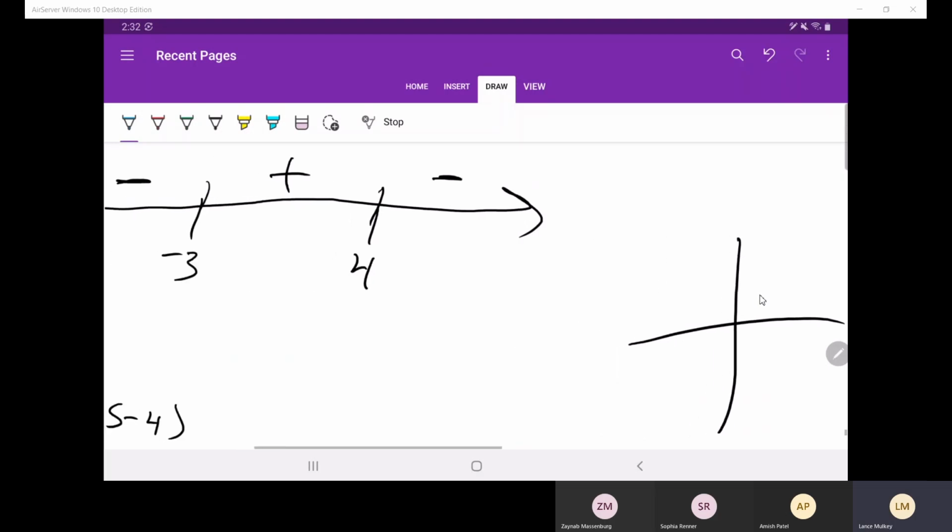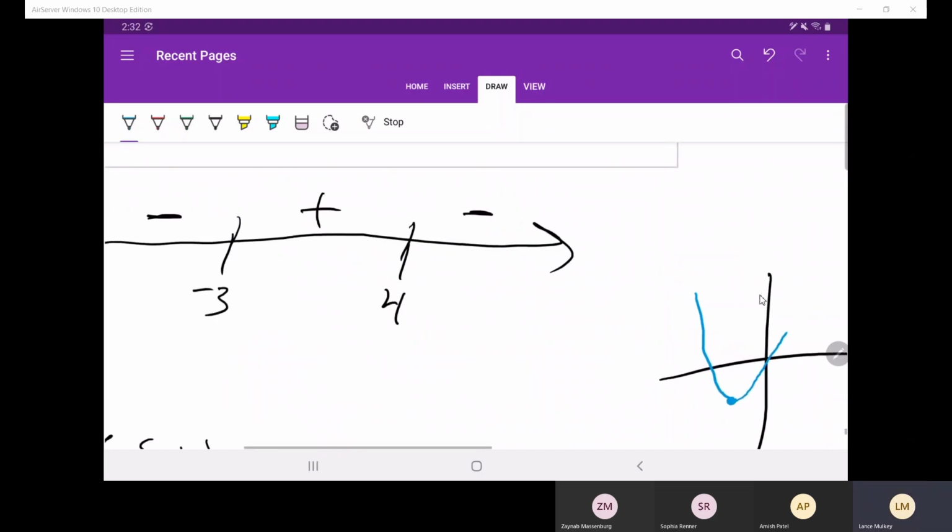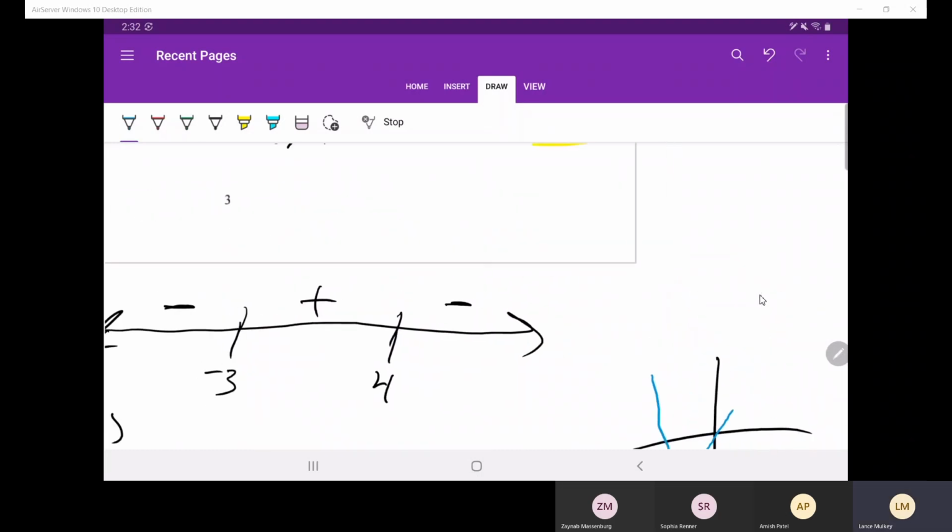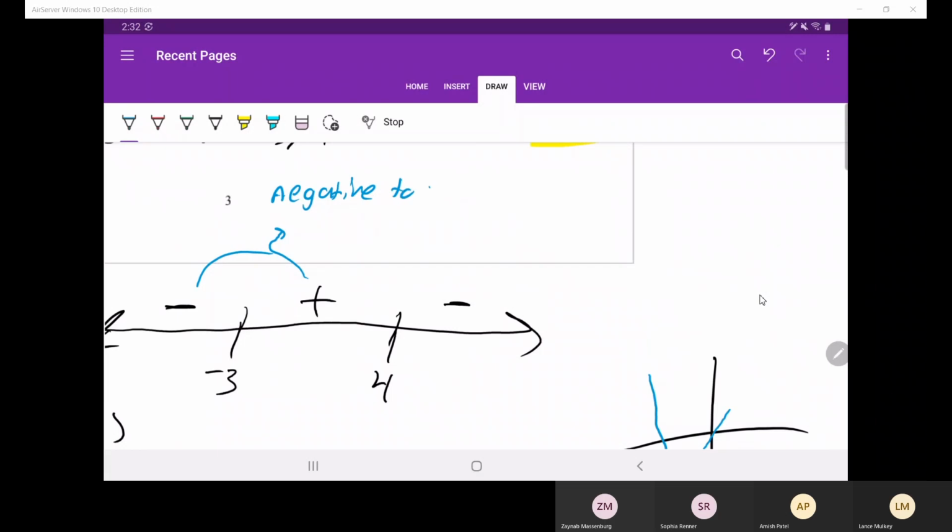When you go from negative to positive, that means your graph's coming down, down, down, and then it shifts to go positive. It's not always local. But whenever you're going from negative to positive, that means a minimum.